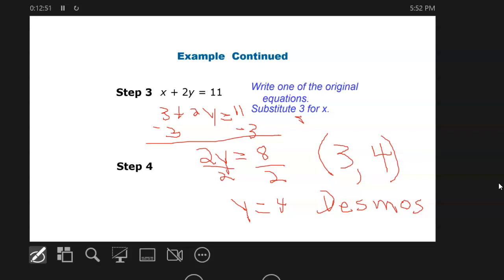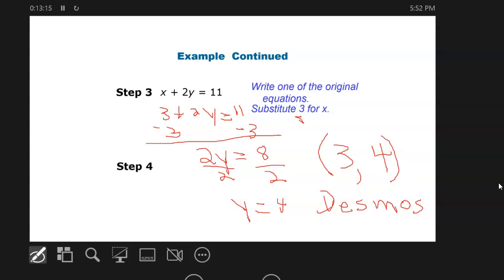It's going to say, solve the following systems of equations by either graphing, substitution, or elimination method. If you want to do all of the problems using elimination, that's fine. Substitution, that's fine. Graphing method, that's fine.